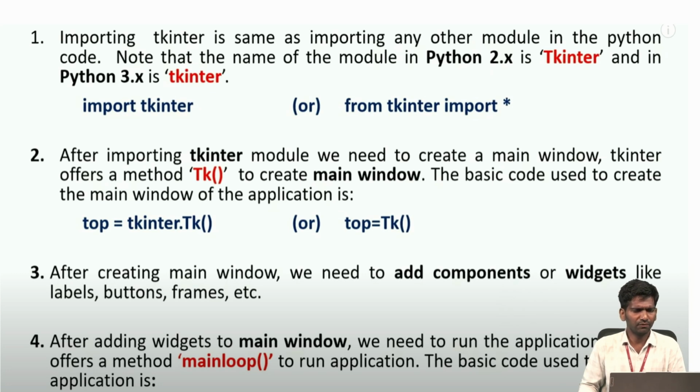You can write any of this code from tkinter: from tkinter import *. Star means all the functionalities get imported. Capital T is used in Python 2 versions, and small t is used in Python 3 versions. So you need to choose.